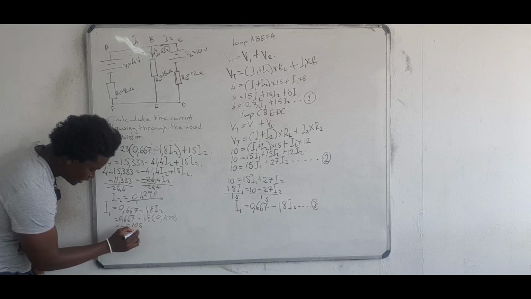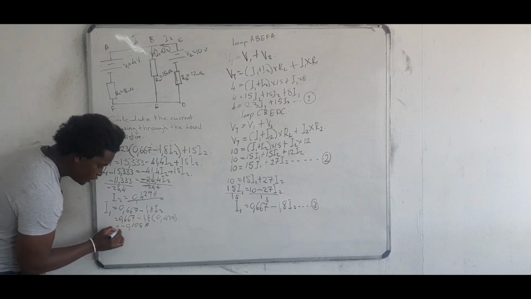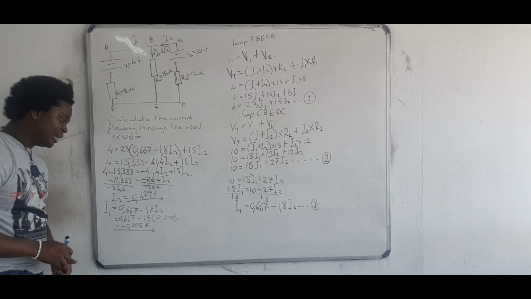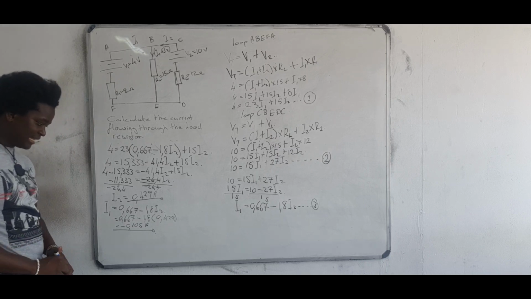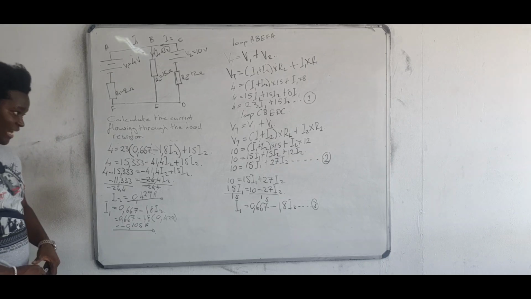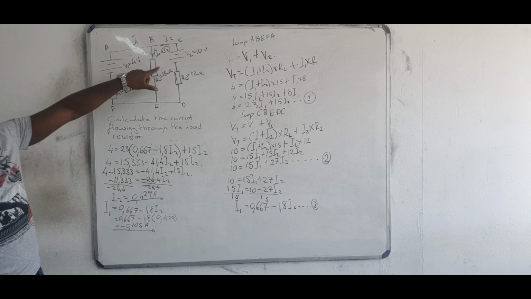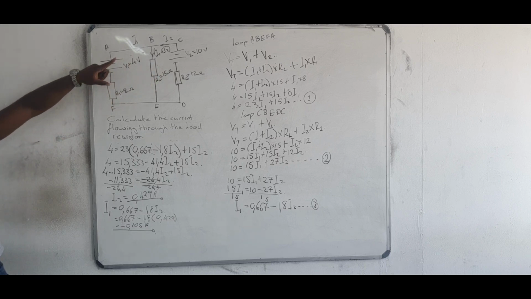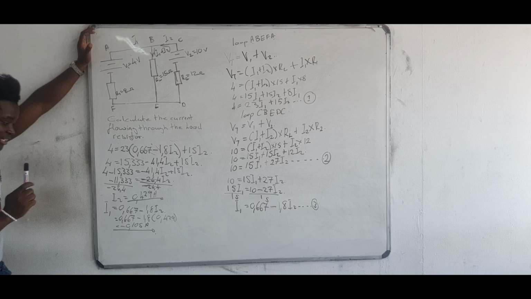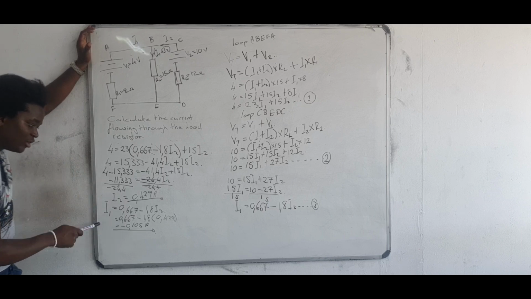Negative 0.105 amps. Okay, so let's talk about something, right? Let's talk about the reason why our answer is negative. How come I1 is negative, right? Who's got an answer?